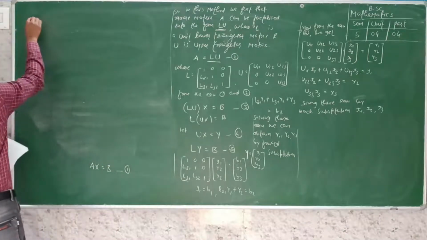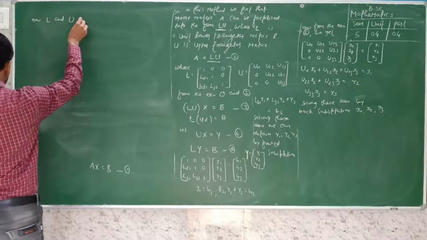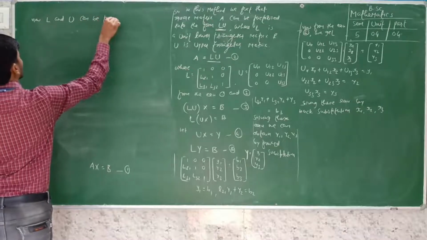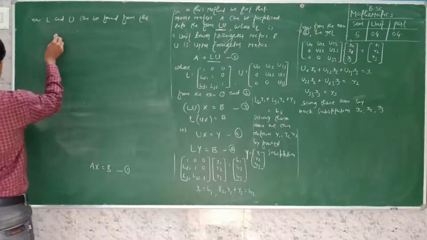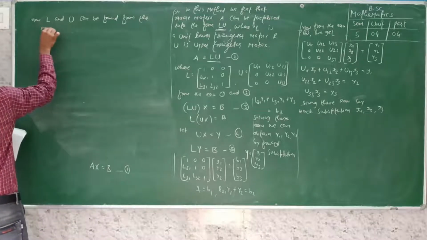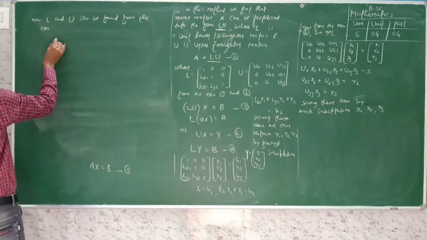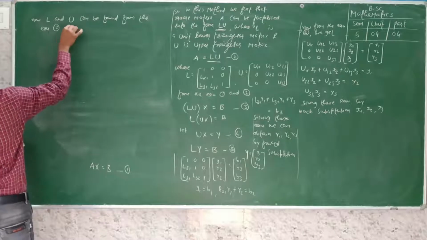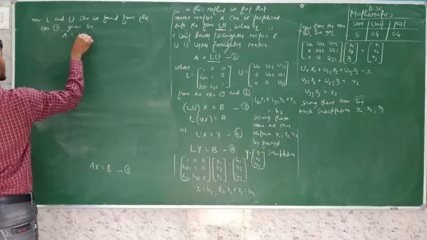Now L and U can be found from equation number 2, given by A is equal to LU.